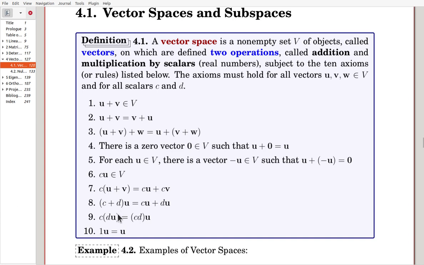Now if you multiply by scalars more than once, then you can multiply the scalars first, or you can apply the scalar multiplication twice, like that. And also, if the scalar 1 is multiplied, then the vector should remain unchanged. These are the 10 axioms the set should satisfy.